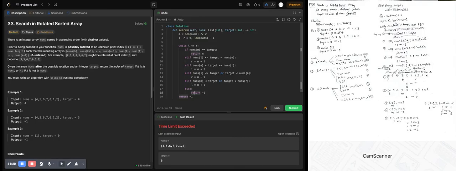Okay, so we never adjust the mid value. So the mid is left plus right. Is it plus 1 again? I don't think so. This is just directly divided by 2.